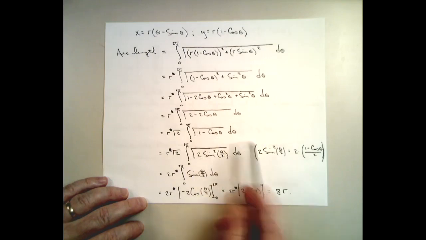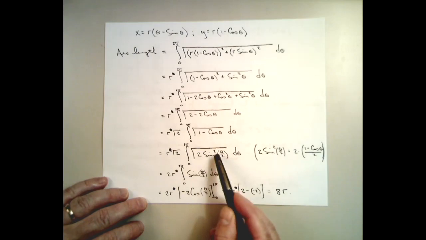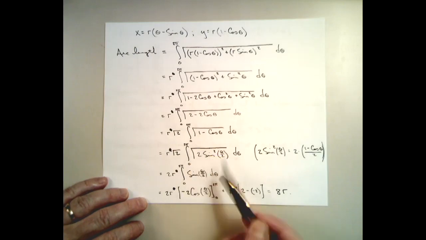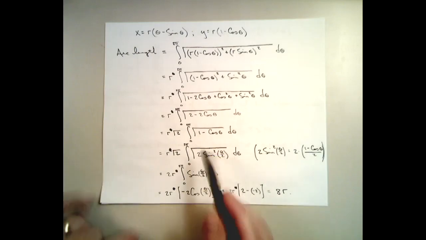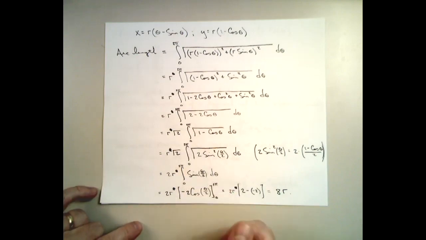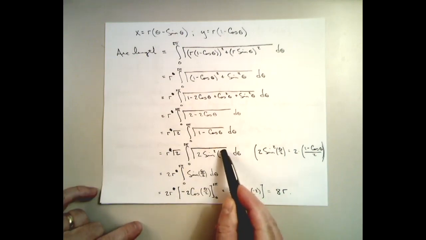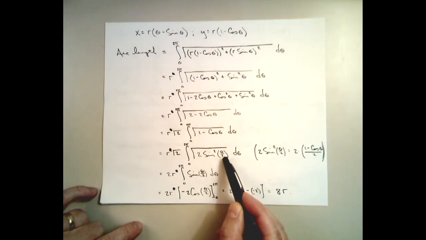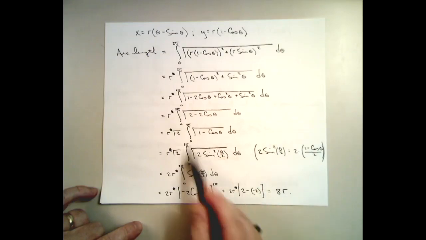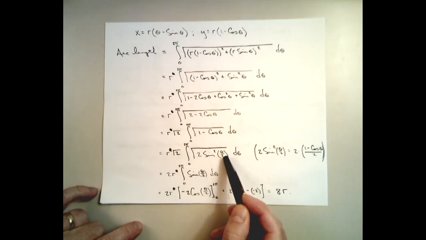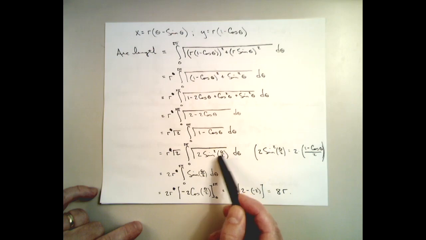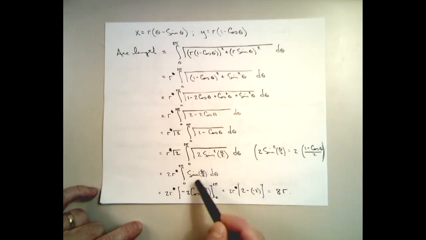And that's very nice because now I've got the square root of a sine squared. And on the interval that I'm working on, 0 to 2 pi, theta over 2 is going to be ranging from 0 to pi, and sine of angles between 0 and pi are always positive. So whenever I take the square root, I'm going to get exactly sine of theta over 2.